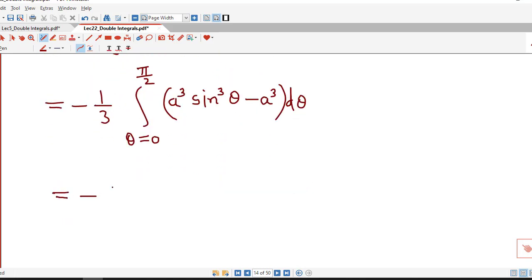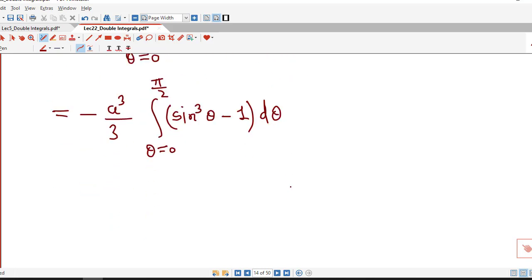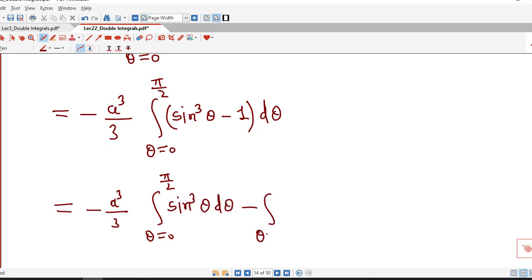So if we wish, we can take a cube outside, it is independent of theta, so minus a cube by 3, theta is from 0 to pi by 2, sin cube theta minus 1 d theta. So now we can apply that reduction formula. Minus a cube by 3, theta is from 0 to pi by 2, sin cube theta d theta minus integral of 1 with respect to theta, theta from 0 to pi by 2.